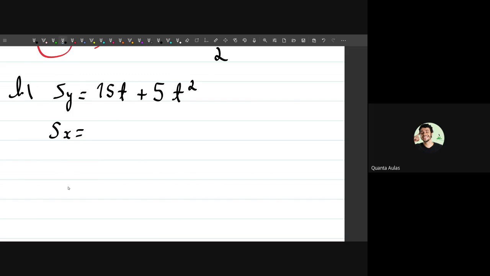But you need to remember that in the x-axis, in your horizontal, you have only the velocity. You don't have acceleration. So the equation is as final. It's normal to put this in this form, s of t, but sy here, or just y.